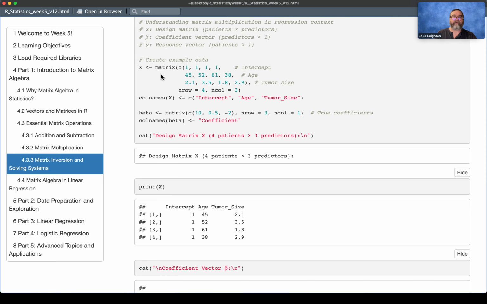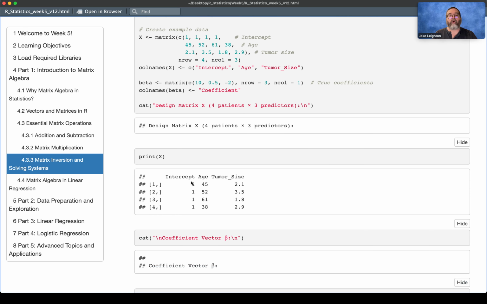I have a simple X matrix here where we have age and tumor size, 2 predictors. We've also put 1 in the intercept column. When you're doing linear regression, you'll always have a 1 in the intercept, and that is to bring in the B0 column, the B sub 0 variable. If you don't have that, you're not allowing the intercept to move up and down.